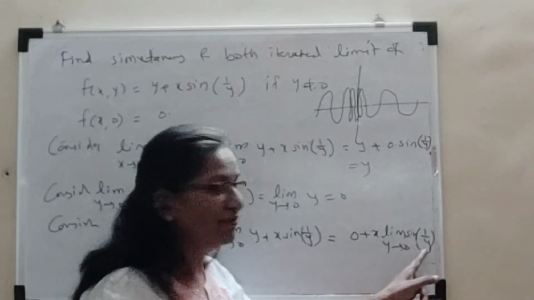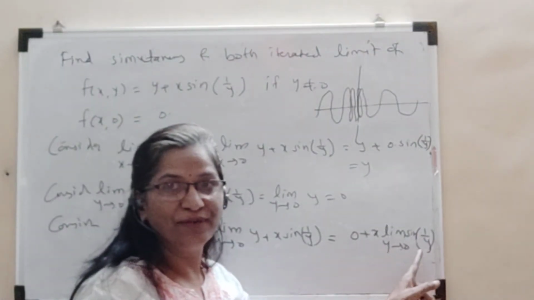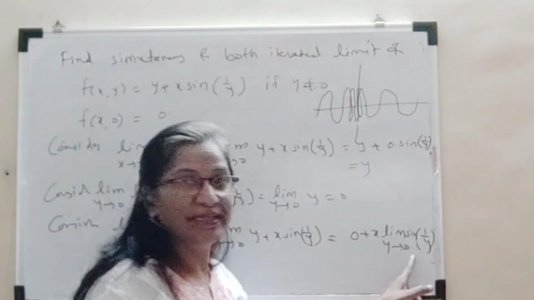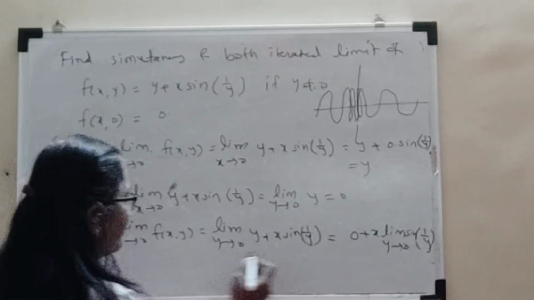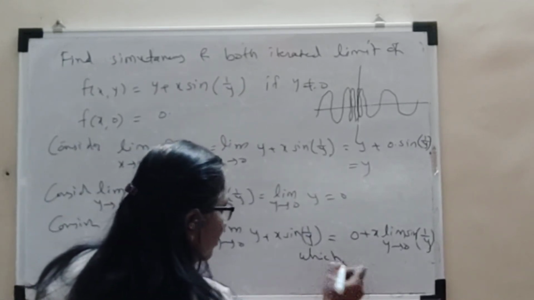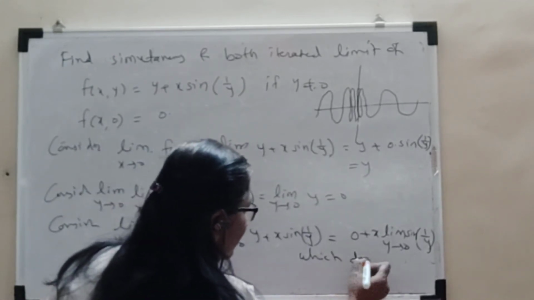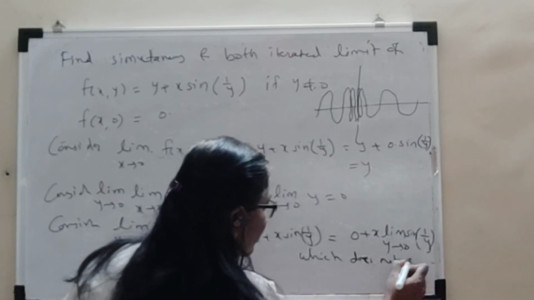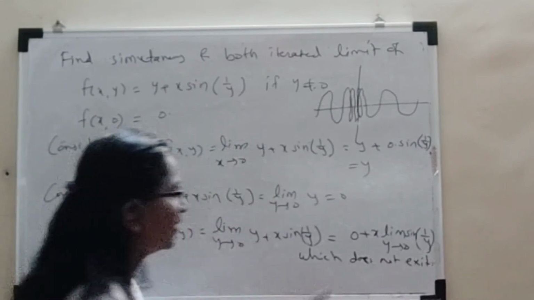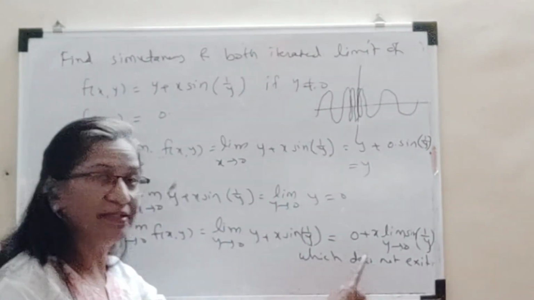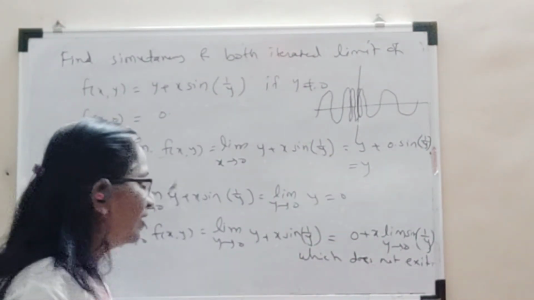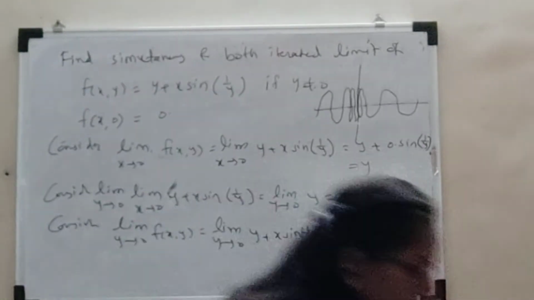For this one we get multiple values for the limit, so therefore we say that the limit does not exist. So one kind of iterated limit exists, equal to 0, and the other kind of iterated limit does not exist. Now what about the simultaneous limit?